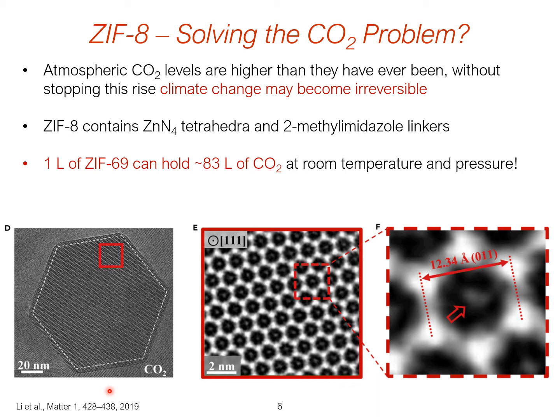So it's really important we can stop pumping CO2 into the atmosphere. And one of the ways they think we can do this is by putting ZIFs, in this case, or MOFs in general, in places that are emitting CO2, so that the MOF captures all the CO2 instead of it going into the atmosphere. And it seems to work extremely well.